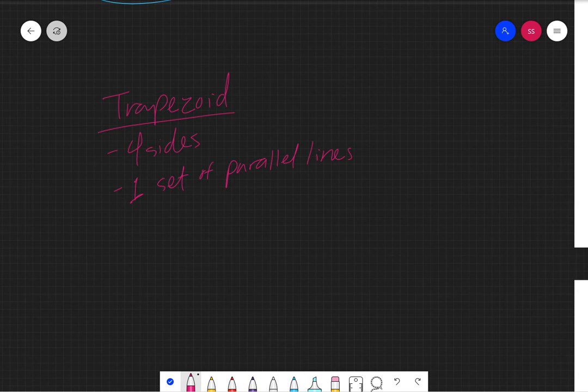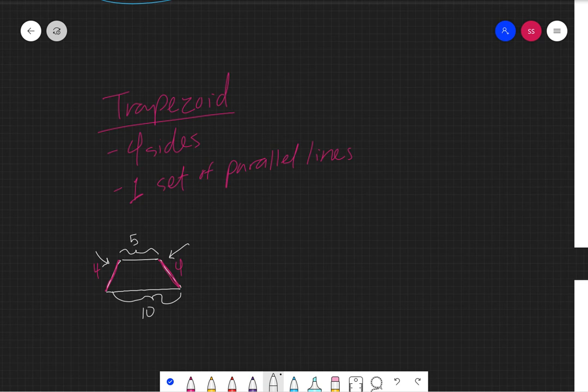Okay, so there could be various trapezoids drawn. So we could have one where these two sides are the same length, so like 4 and 4, but the top and bottom would not be the same length because again, they're slanted at different angles, which makes this length right here shorter than this length right here.